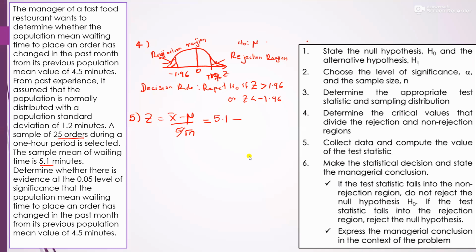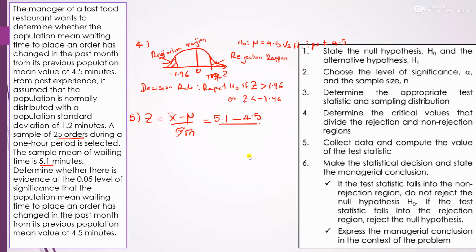H naught: mu is equal to 4.5, versus H1: mu not equal to 4.5. We are saying that the current mean is 4.5, so mu is equal to 4.5, because we are performing our test under H naught only.